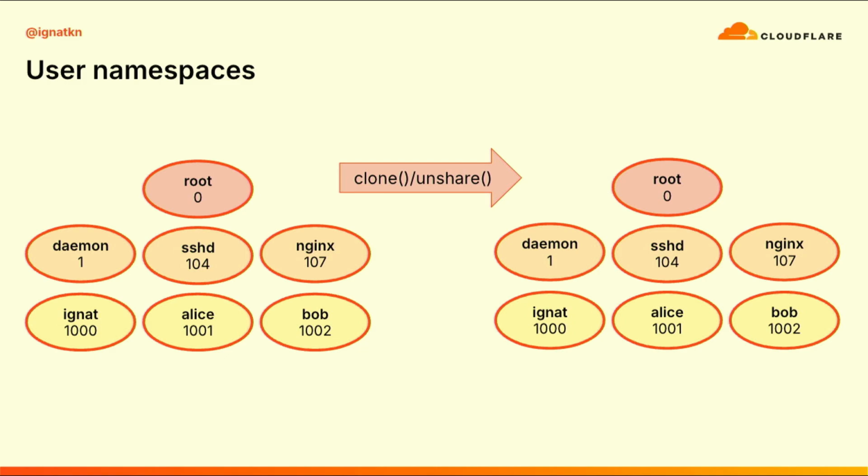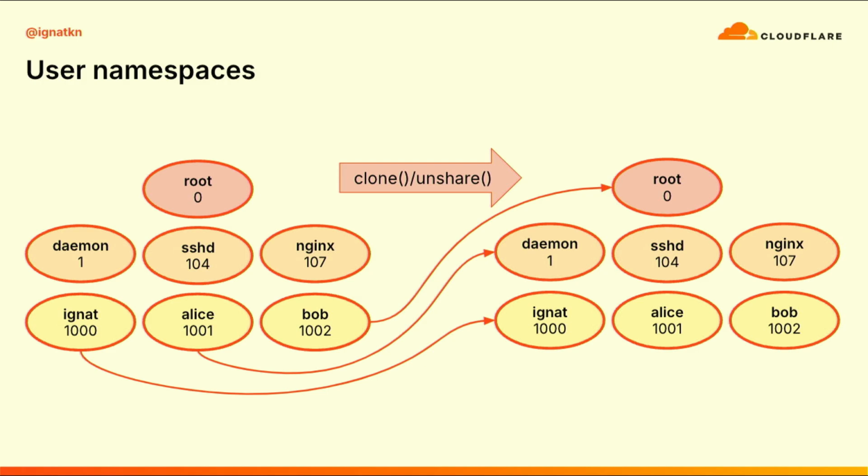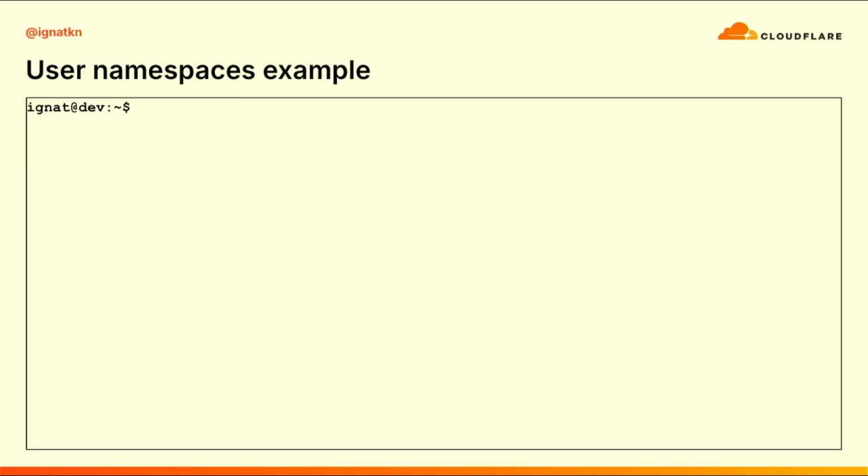Well, you have the same set of users as in the initial namespace, but you can create mappings. So for example, in my namespace, I can map Ignat back to Ignat, which is not very useful. I can map Alice, who becomes daemon, user ID 1 in the user namespace. And the most powerful thing is I can even map myself to the root user in the user namespace.